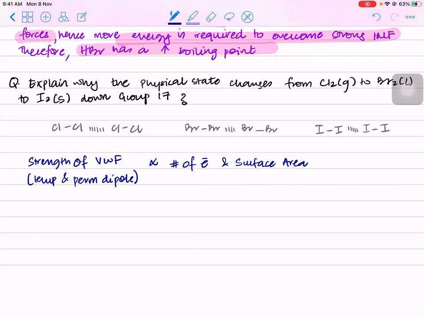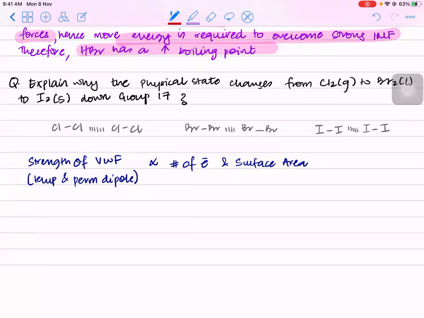Now, if you look here, chlorine, bromine, iodine, they all have the same type of force, but their strength will be different. And that will depend on the number of electrons. Chlorine has obviously the least number of electrons because when you go down the group, the number of electrons increase.